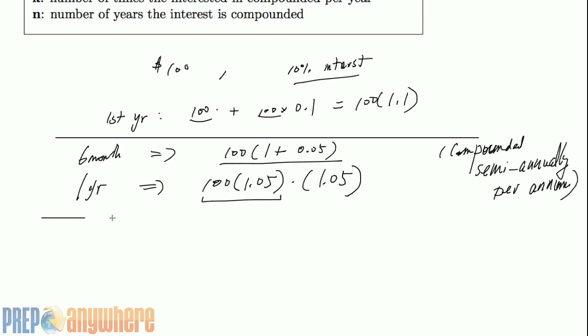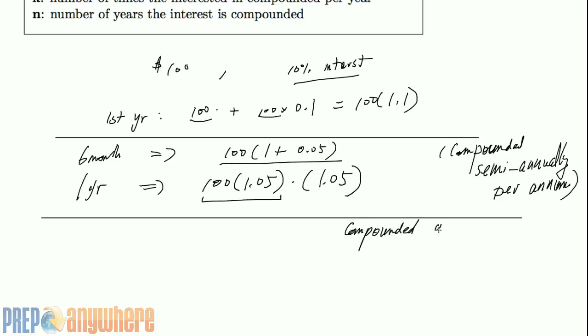Okay, one more example. Compounded quarterly per annum. So every 3 months you get interest.